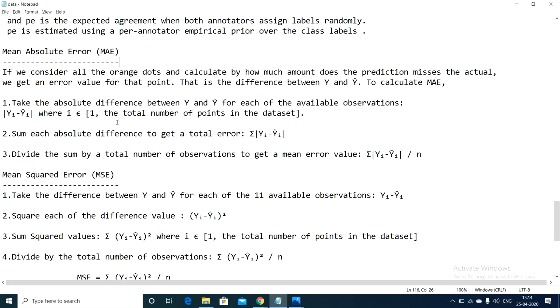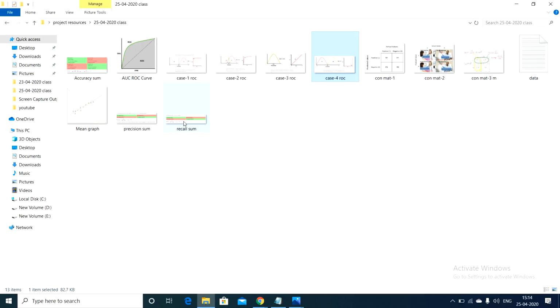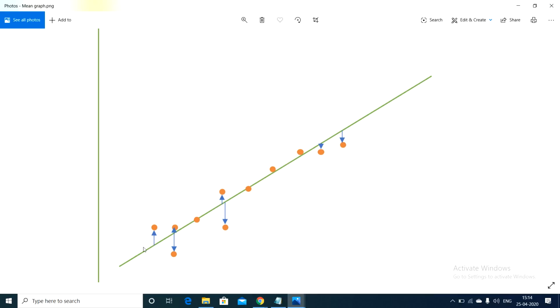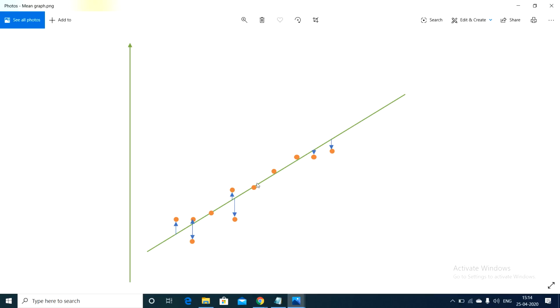Before going into mean absolute error, let me show you a diagram. See here, this is a graph. The green line is representing actual values.